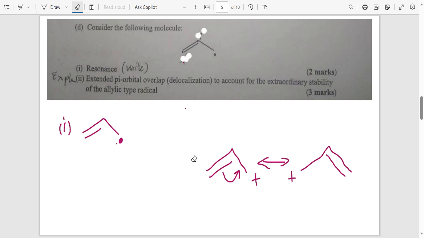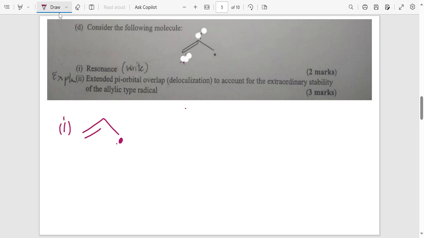So using the extended pi orbital, that's pi, that's to do with the double bond. So look at this. If you look at this carbon here, how many things is it bonded to? Okay, let's look at the atoms it's bonded to.